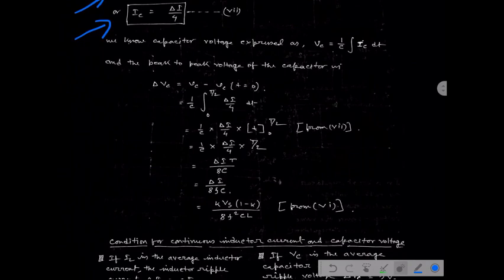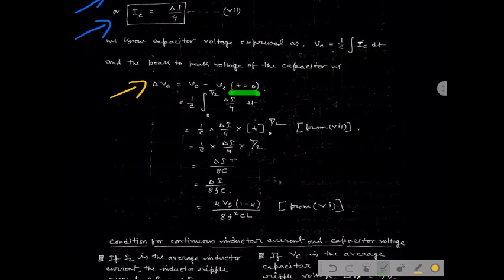Now we know the capacitor voltage is expressed as Vc equal to 1 by C integration of IC dt. It's a normal expression for the capacitor voltage in terms of IC. So we know the result of IC in equation 7. The peak to peak voltage of the capacitor is del V equal to Vc minus Vc at t equal to 0.